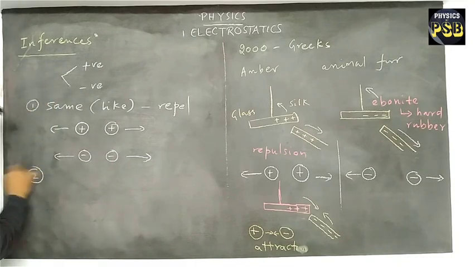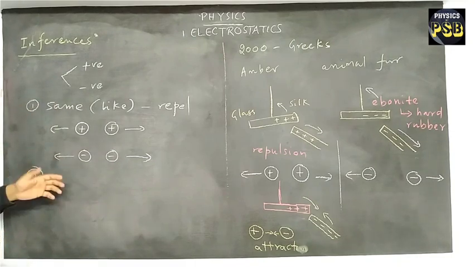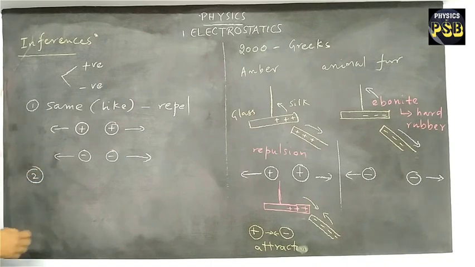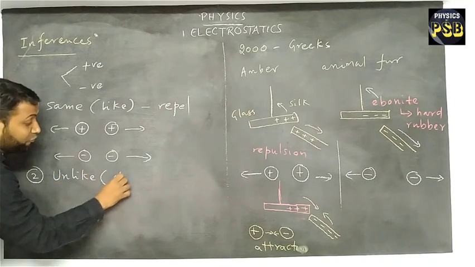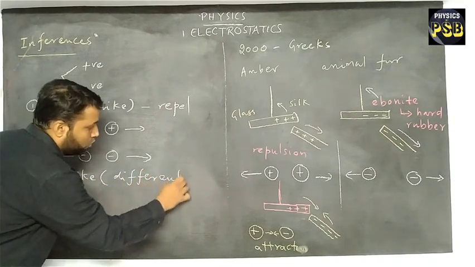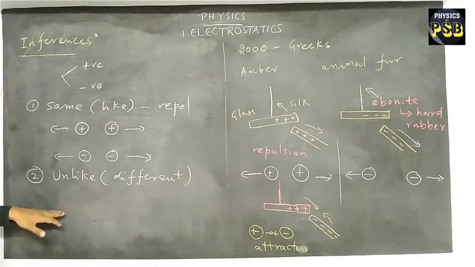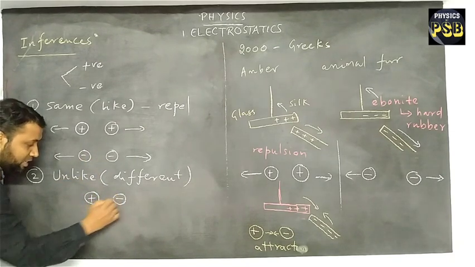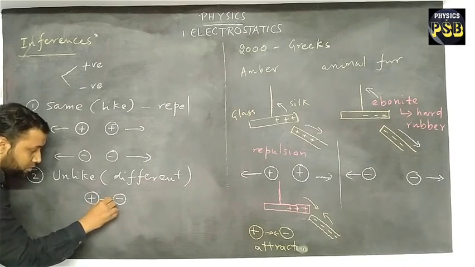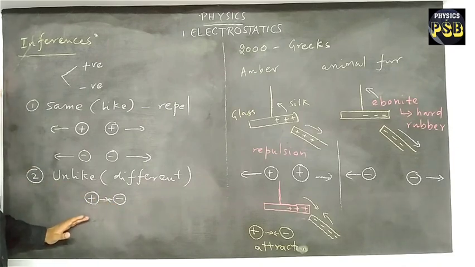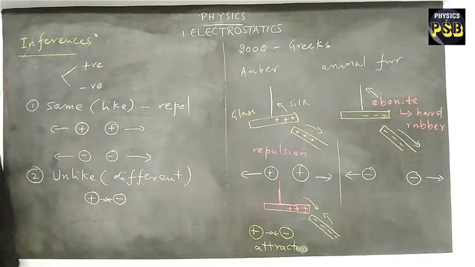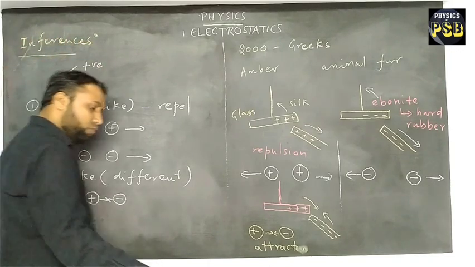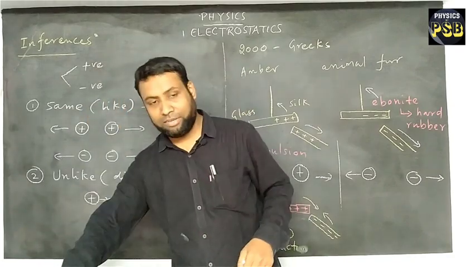The second inference that we get from the experiment is that unlike or different charges, when brought close, attract. Suppose when positive charge is brought near negative charge, they attract each other. This is the second property of charges. Next, there are a few more properties of charges. We will see them one by one.